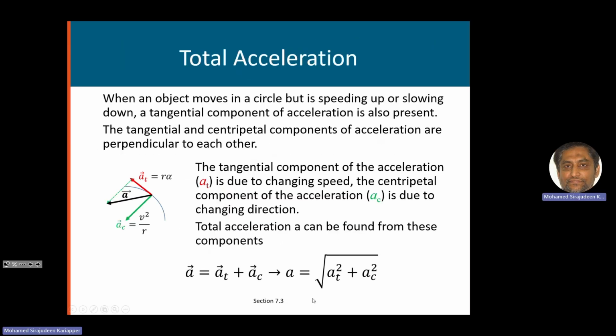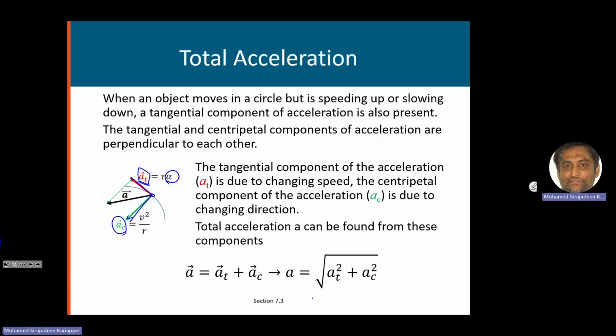Then we told you that if alpha is not 0, if something is moving with increasing angular velocity, then there will be an angular acceleration, and with that we will have a tangential acceleration as well. So in general, an object moving in a circular motion can have tangential acceleration, the red arrow, and centripetal acceleration because of the changing direction of the velocity.